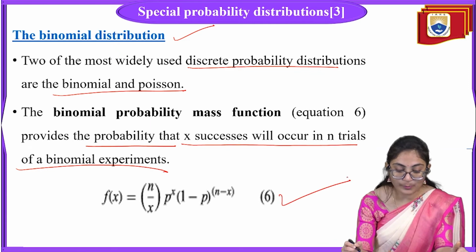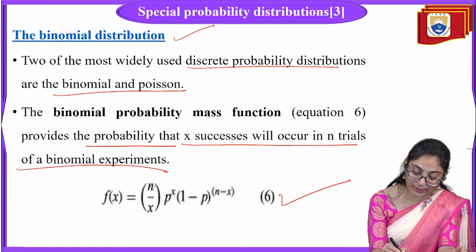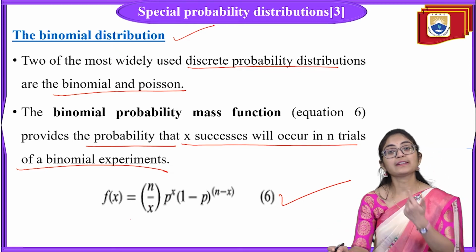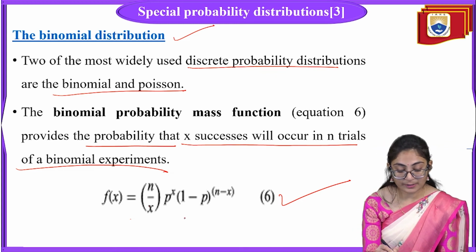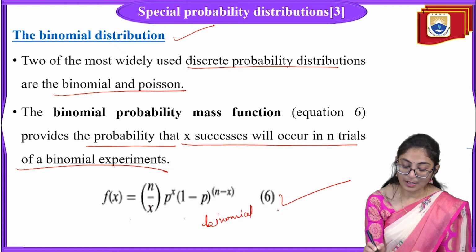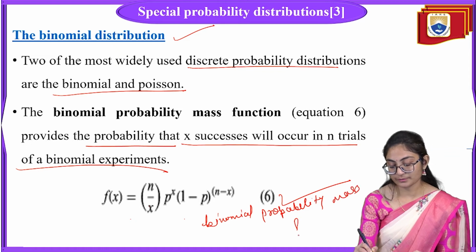This is your binomial distribution equation: f of x is equal to n choose x into p power x into (1 minus p) power (n minus x). This is your binomial probability mass function.